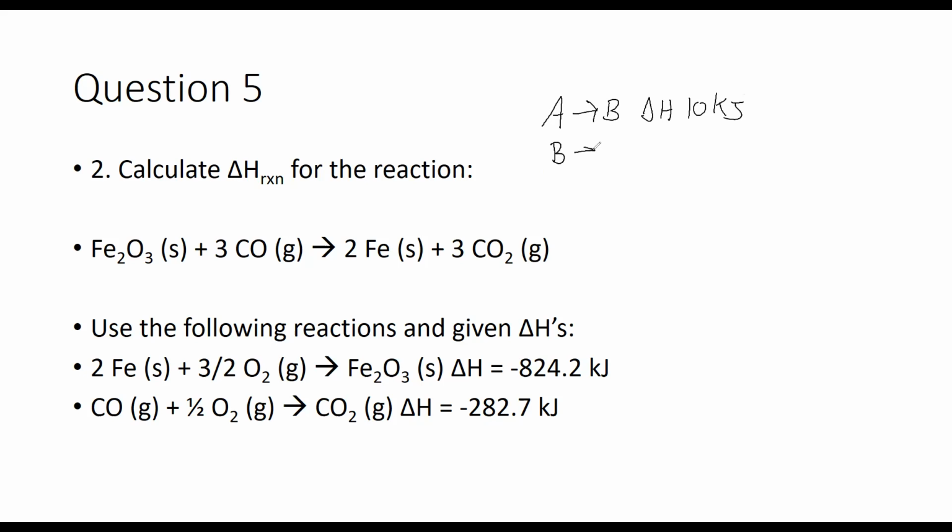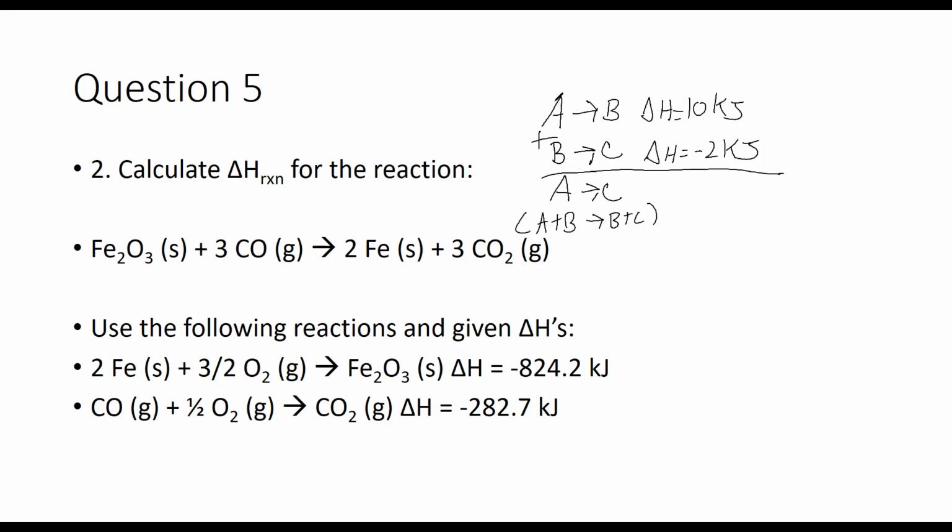And let's say that B to C, our reaction of a B molecule going to the C molecule, that delta H is negative 2 kilojoules. Therefore, the reaction A going to C, which is these 2 reactions added together, because when you add these reactions together, you get A plus B goes to B plus C.